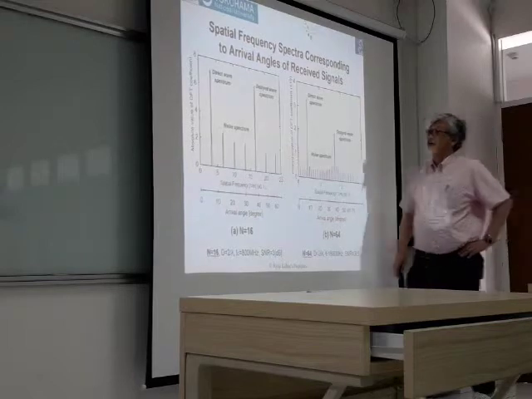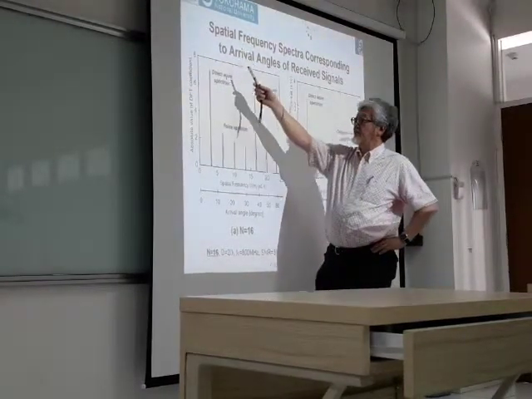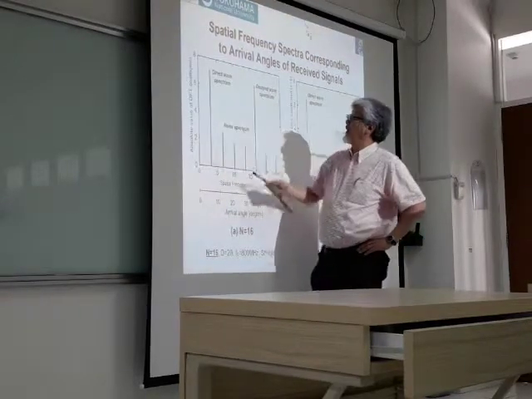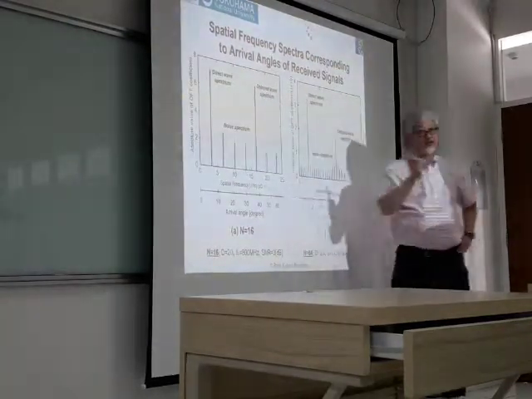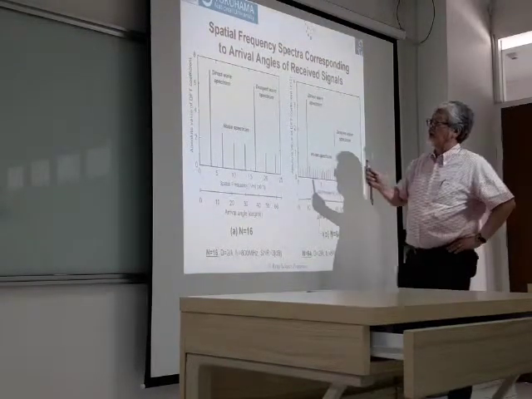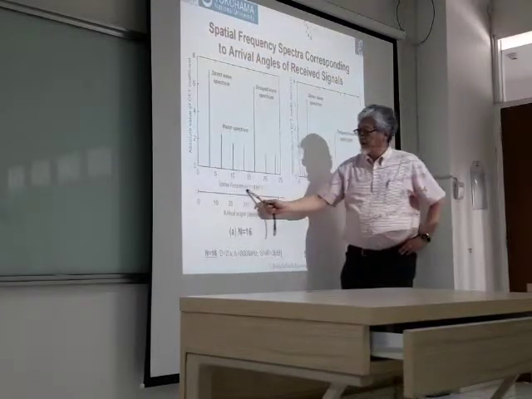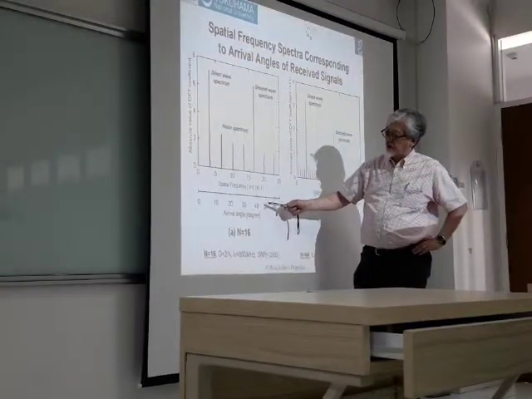And then if the signal comes from this direction, it's a directional signal, we get a peak. And then the delayed signal, like multipath, also comes from a different angle. Now, you know the spatial frequencies correspond to the angle theta.